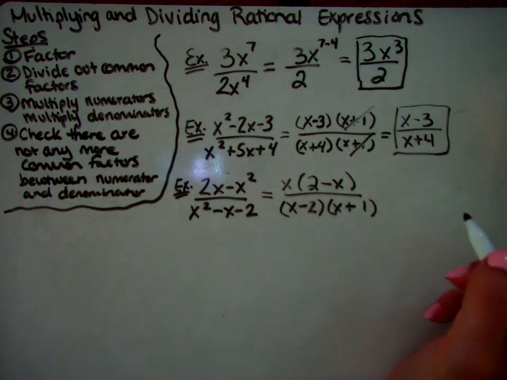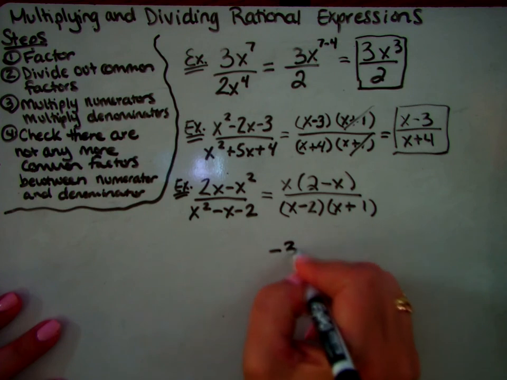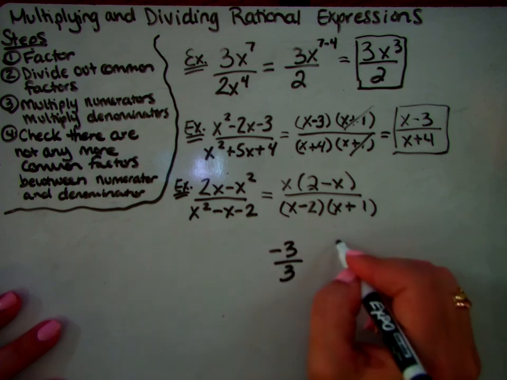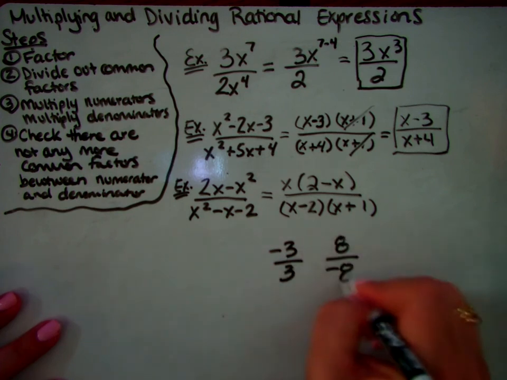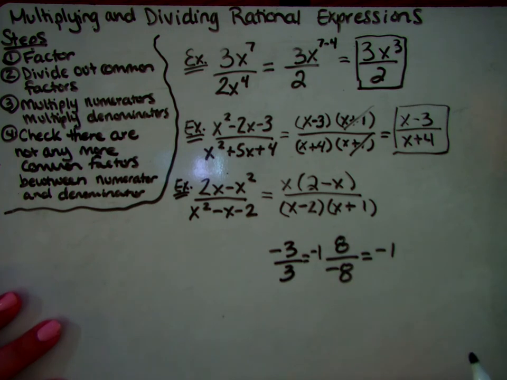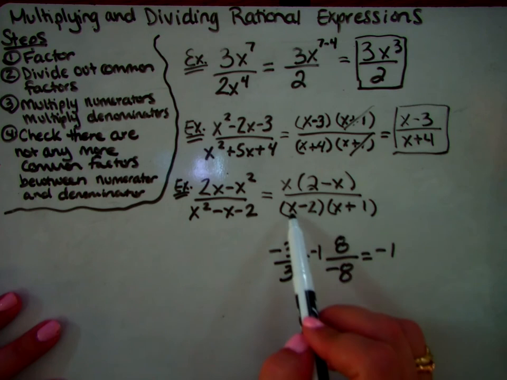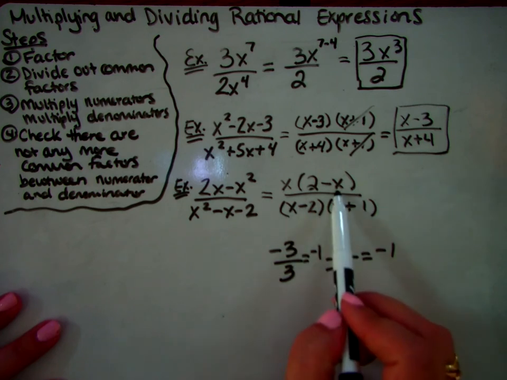And there we go. Now, you say to yourself, well, I don't see any common factors that I can divide out. I need you to realize that whenever you divide opposites, your answer is always negative 1. Always. So they have to be opposite. Here I have a positive x, that's a negative x.